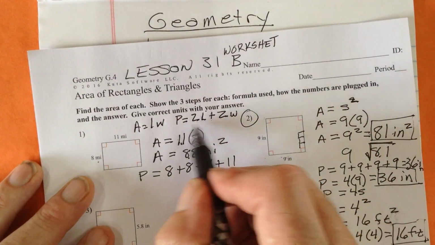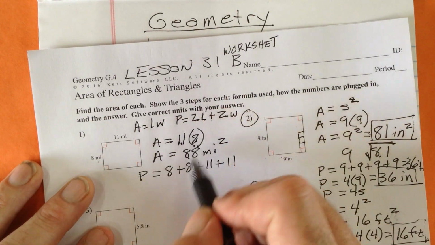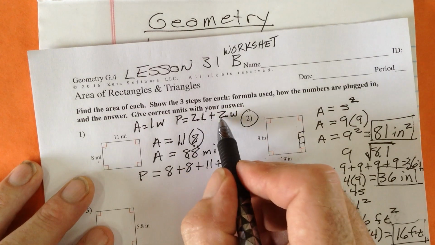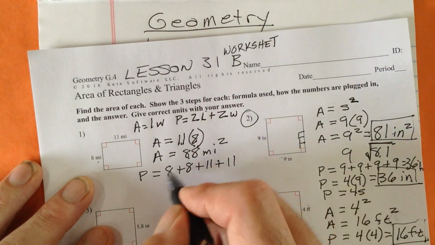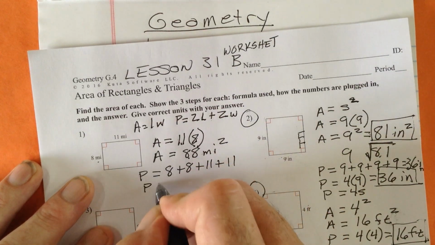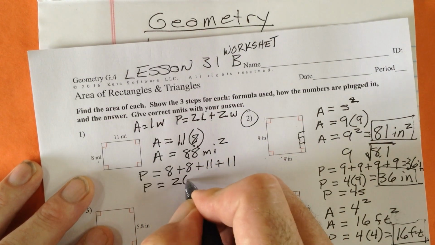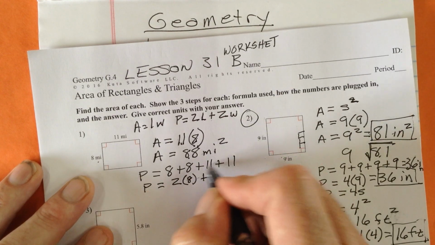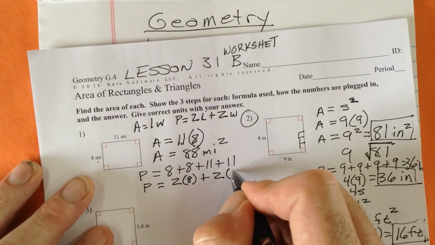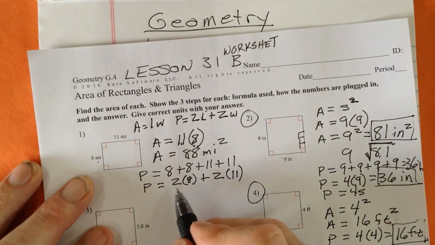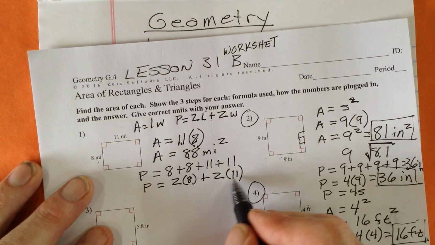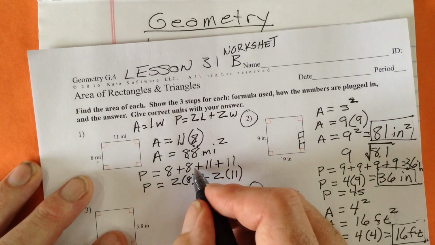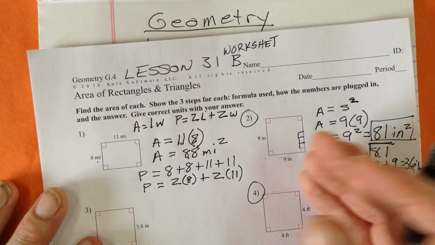But you'll see they have the formula, 2 times the length plus 2 times the width. So what they're doing is the perimeter is 2 of the 8s plus 2 of the 11s. So you could do it this way, whatever's easiest and works for you.